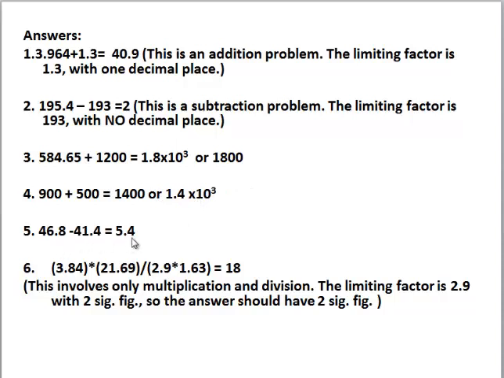This sum we keep the answer to the 10th place. And in the multiplication problem, there is a factor with 2 significant figures. This factor has 3, this factor has 4, and this factor has 3. Since the factor with the least sig figs has 2 sig figs, our answer has 2 sig figs, and the answer is 18.